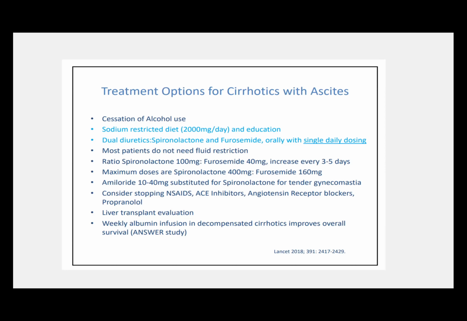So the two main things I want you guys to focus on in terms of treatment are the ones that are highlighted: you want to do sodium restriction initially, and you want to start these patients on dual diuretics, which is spironolactone and Lasix. There's a specific ratio that we usually use, and you can increment it slowly depending on how the patient is responding.